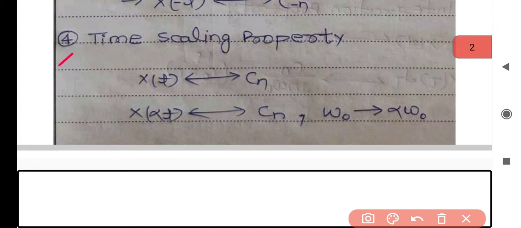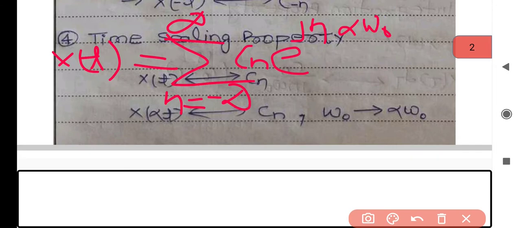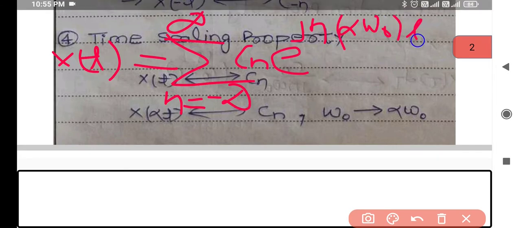Means x(t) will be expressed as the sum over n from minus infinity to plus infinity of Cn e to the power j n alpha omega naught t.